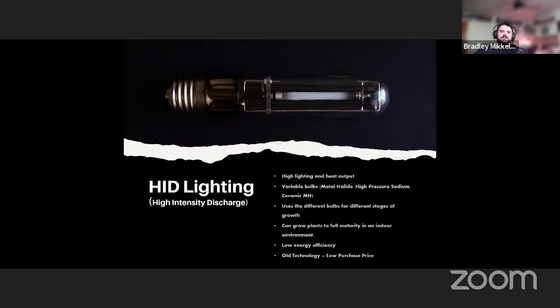You always want to make sure you're matching your size light to your grow space, and the color temperature and the type of bulb that color temperature will be produced by is also something to take note of when you're working with HID lighting. So these bulbs, there's a metal halide bulb. Metal halide bulbs run in a 5,000 Kelvin spectrum, which is your bright blue.